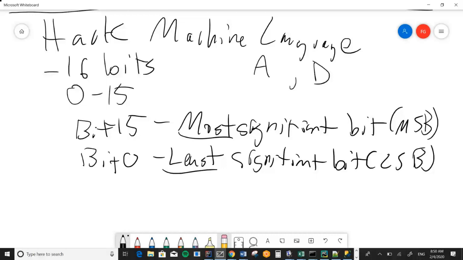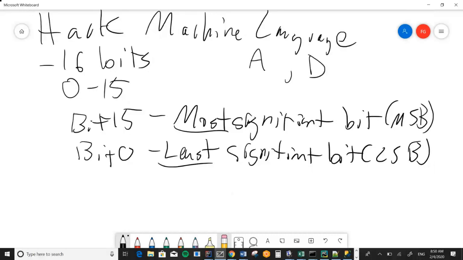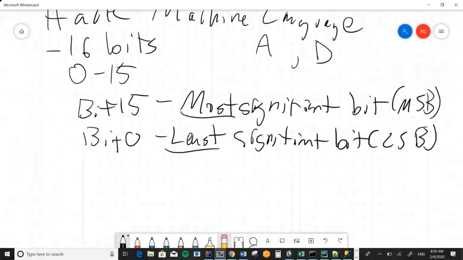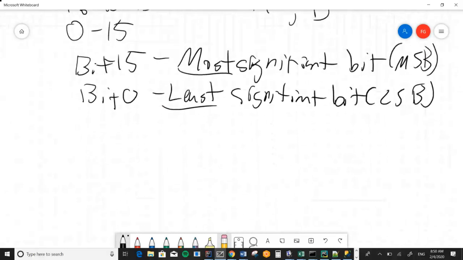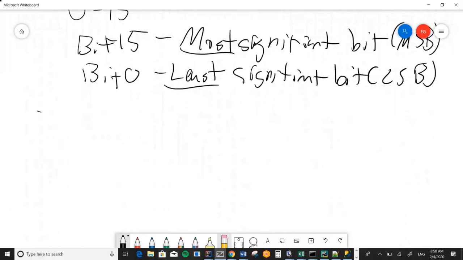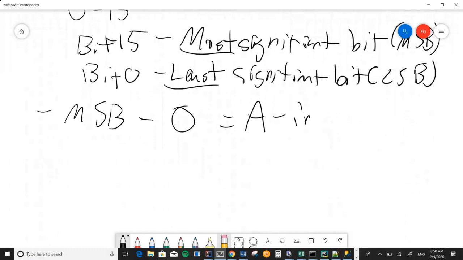All right, cool. Having said all of that, there are two types of primary machine language instructions in the Hack architecture, and they depend on that most significant bit. Let's say the most significant bit is a 0. That is what is called an A instruction.